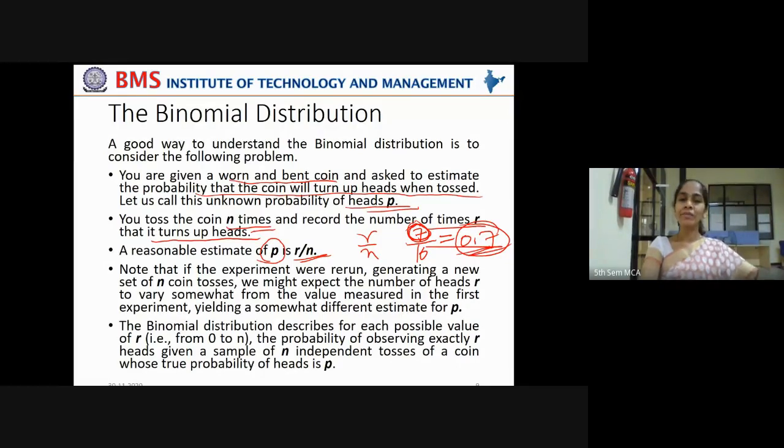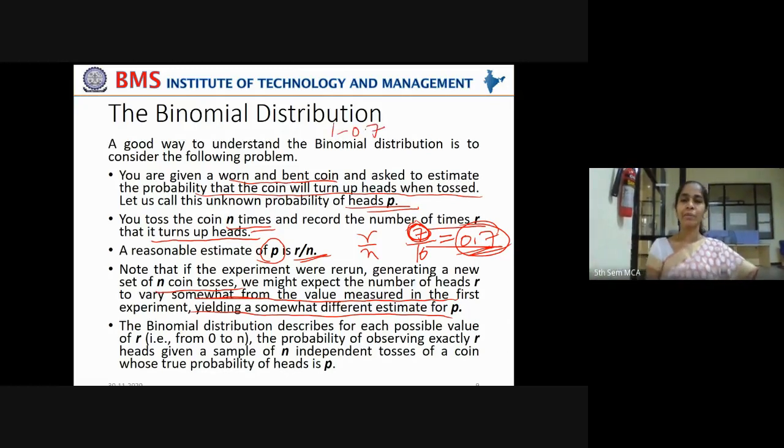Note that if the experiment were rerun, generating a new set of n coin tosses, say a second time, again you have tossed the coin 10 times, we might expect the number of heads R to vary somewhat from the value measured in the first experiment, yielding a somewhat different estimate for P. In my first experiment, I tossed the coin 10 times and got 7 heads, so my probability is 0.7.